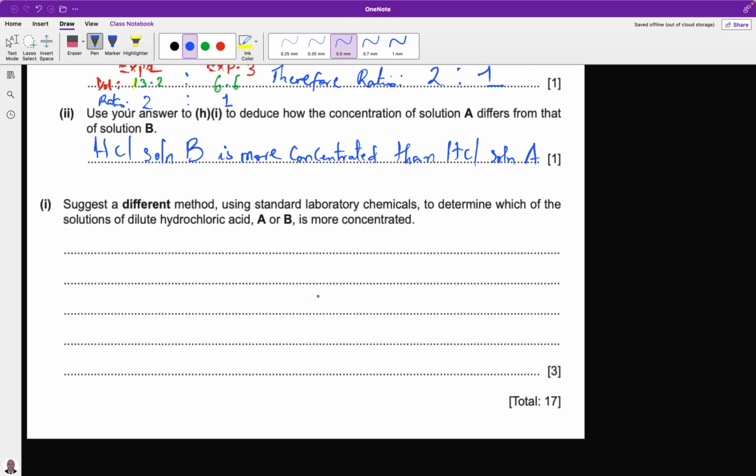Okay. What is required of you here is just to suggest a method using standard laboratory chemicals. This is just like what I told you from the beginning, how you can determine the concentration of 2 different acids.